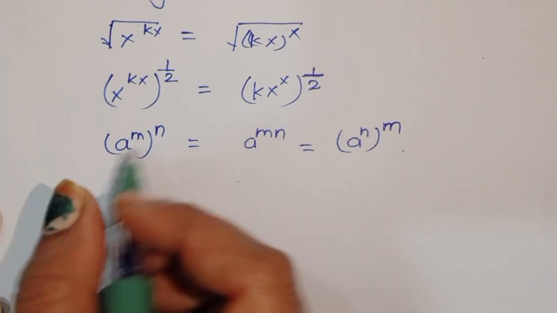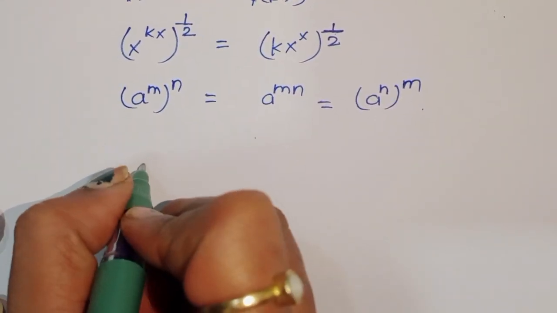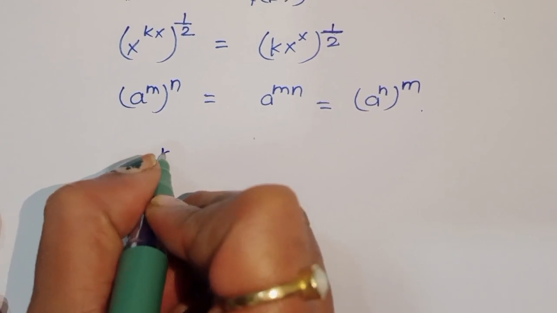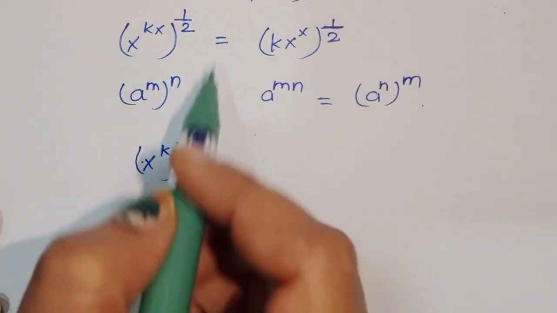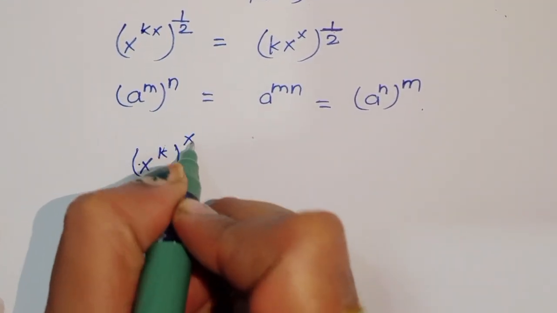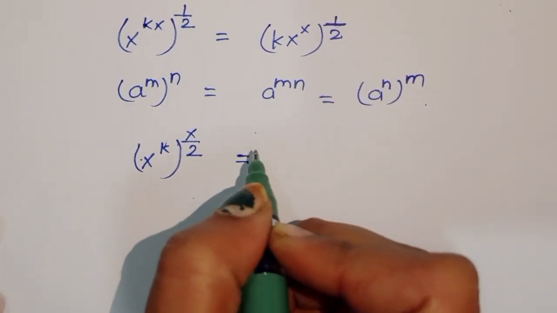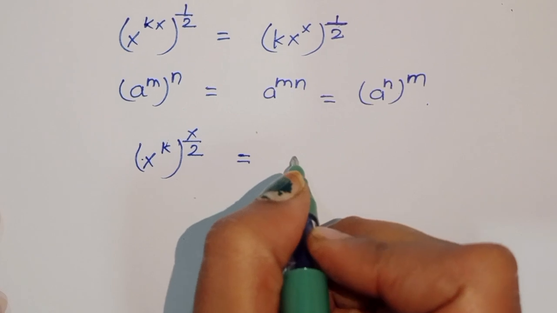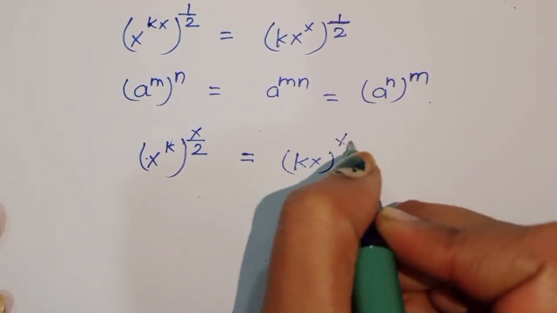Using this formula we can write x raised to k, raised to x by 2, which is equal to kx raised to x by 2.